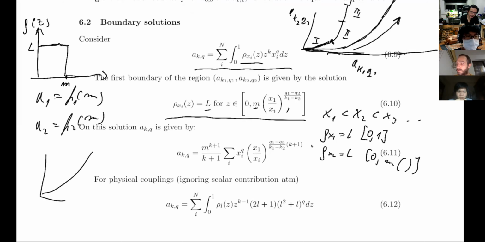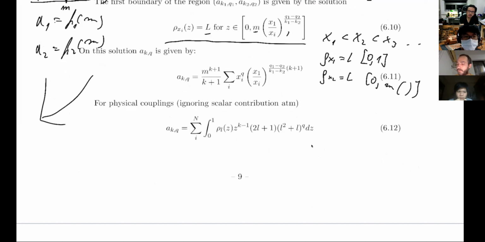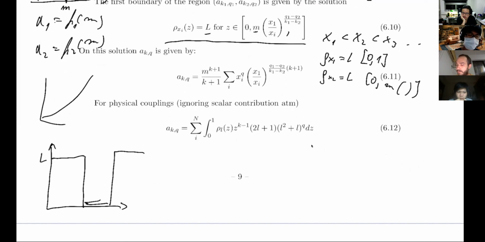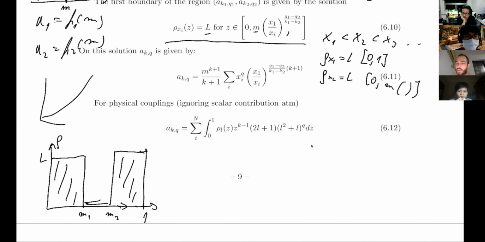And then if you want a 3D plot, then the rho will be something like this, where now you have M1, M2. So this would be the solution for a 3D plot. Then you get a surface.